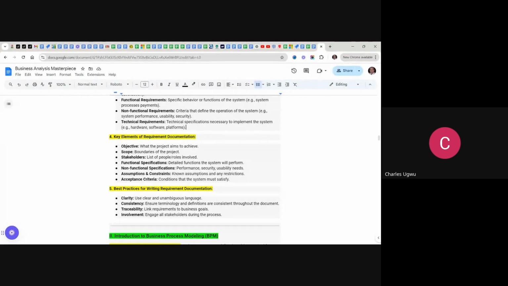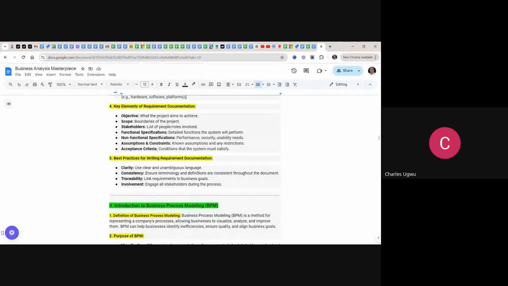And once a project charter is authorized or approved, then the next thing is to assign the project a project manager, and it becomes a working document. Then best practices for writing requirement documentation: it must be very clear.